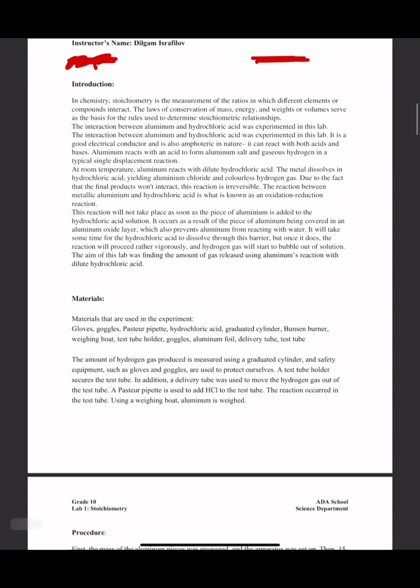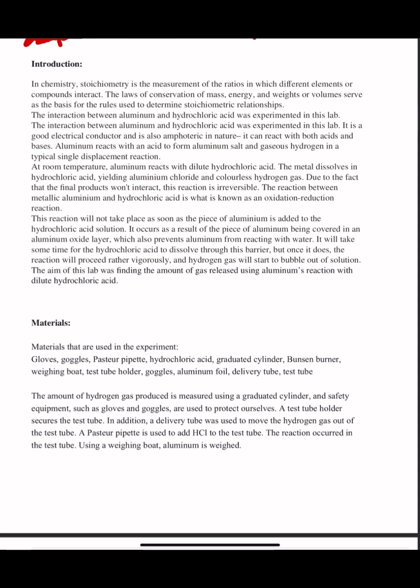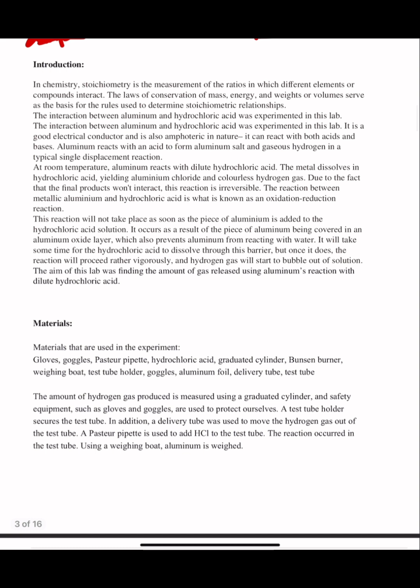And then we got another report, and on this one you can actually see that they talked about stoichiometry. They went into it quite well, with enough information about stoichiometry, and then they went into our aim. Let's check out our aim. This reaction will not take place as soon as a piece of aluminum is added to hydrochloric acid.